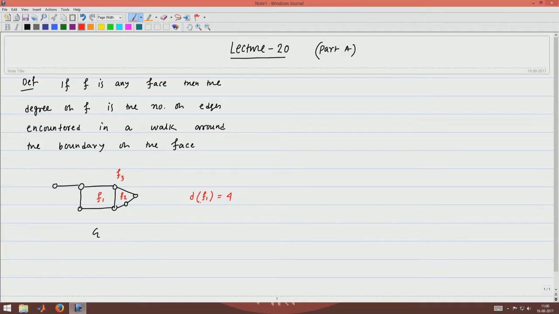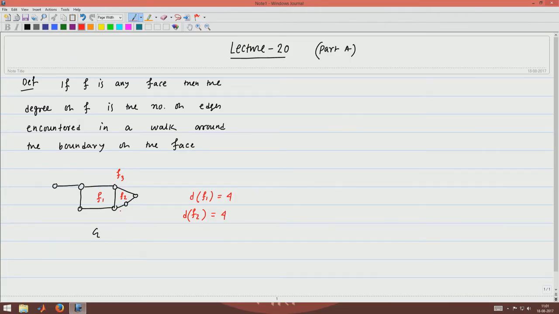So that is why F1 has degree 4. F2 has degree 4 because the walk starting here visits 4 edges and comes back to the same vertex. So the degree of F2 is also 4.